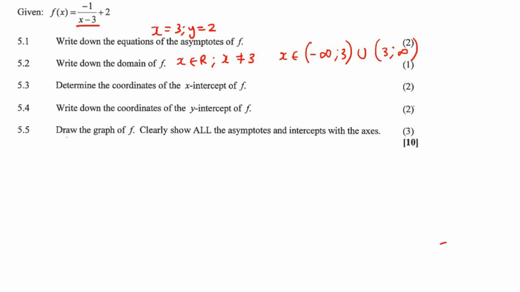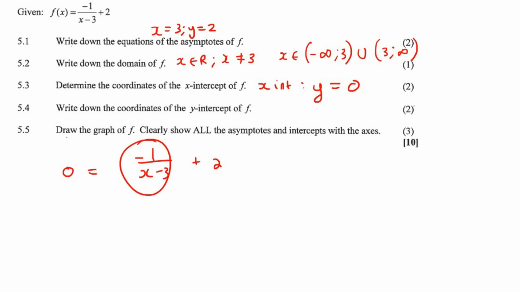Alright, for the next question we have to determine the coordinates of the x-intercept. So remember, to find an x-intercept, that's where you always make y equal to 0. So we go to the original equation and we make y equal to 0. Okay, now there's multiple ways that you could solve this, but I'm going to take this over to the left-hand side, like that, and then I'm going to do cross multiplication.